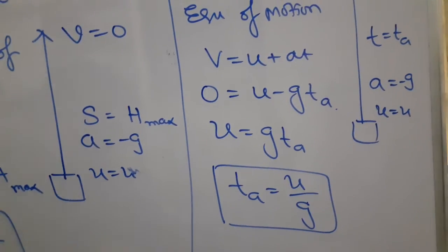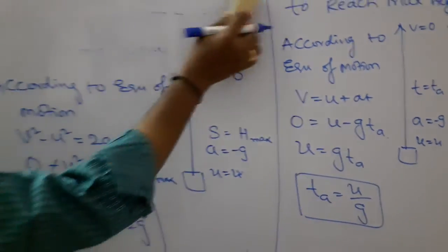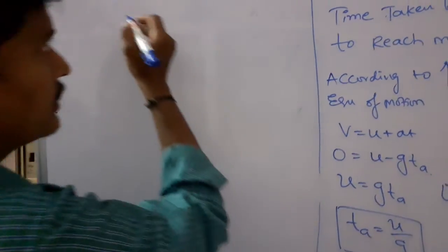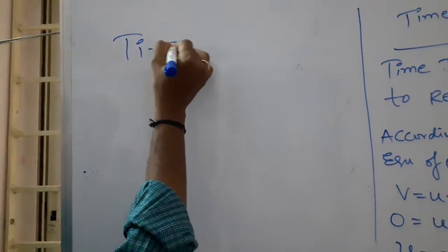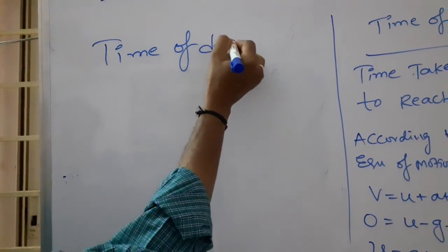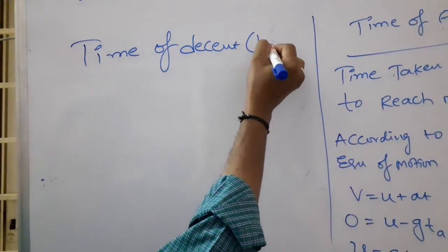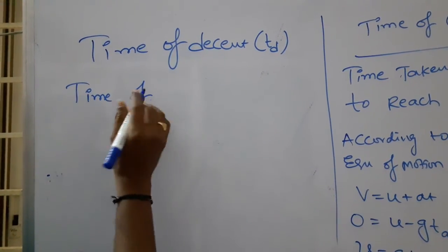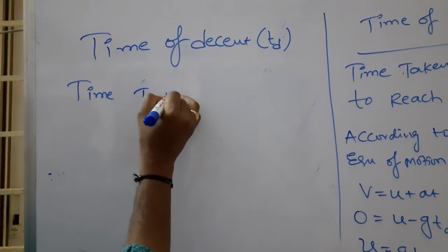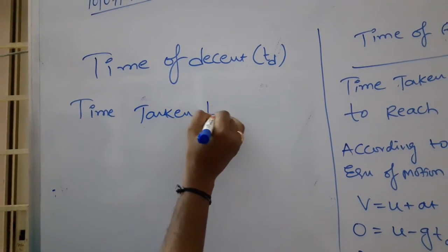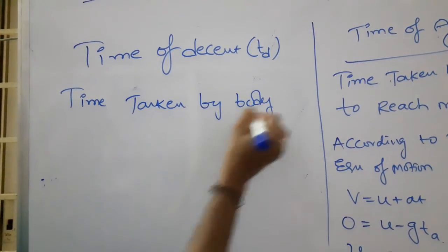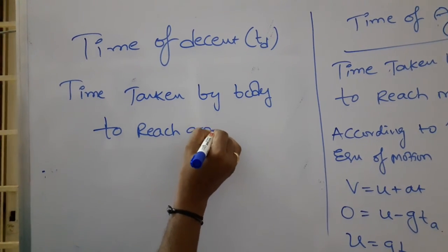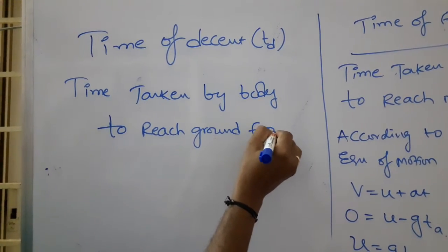Right. Next, time of descent. Time of descent means the time taken by the body to reach ground from maximum height.